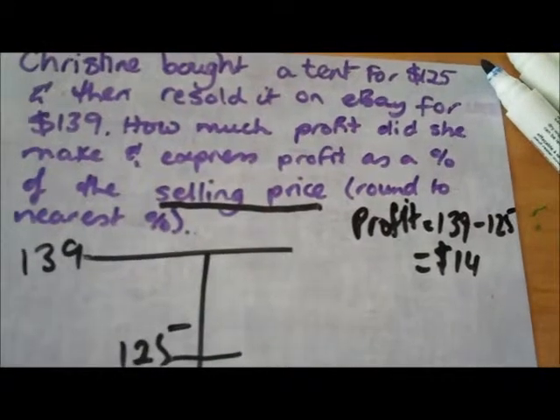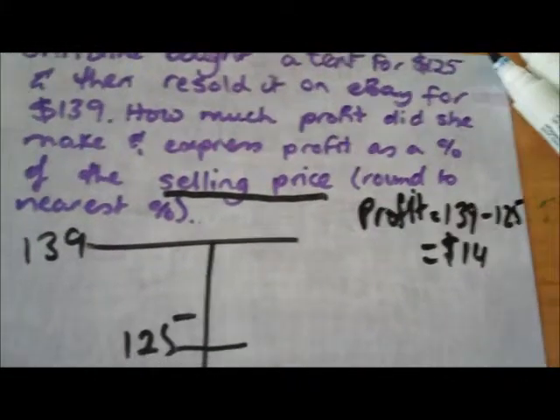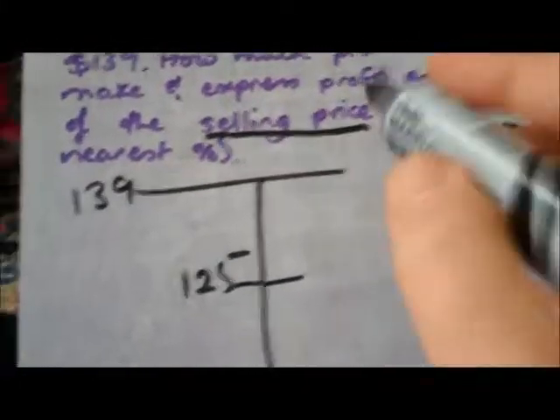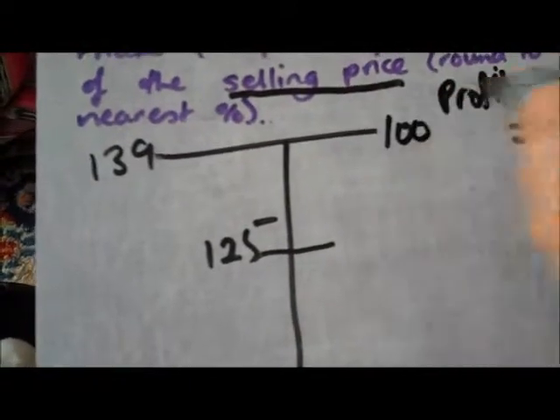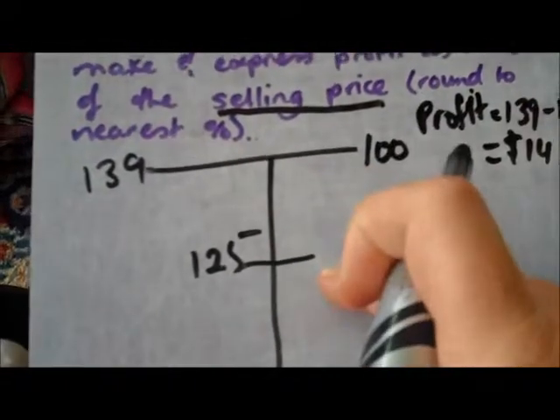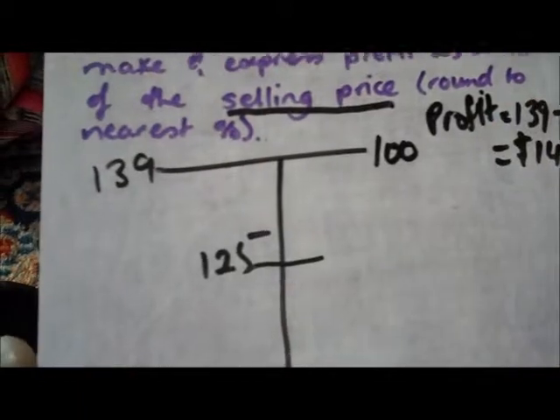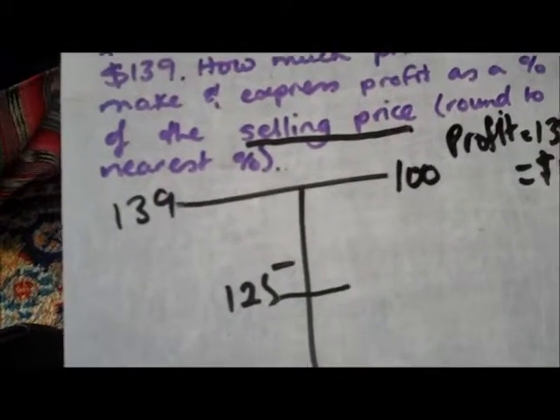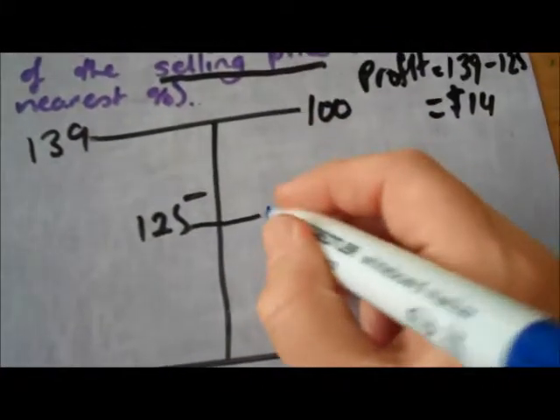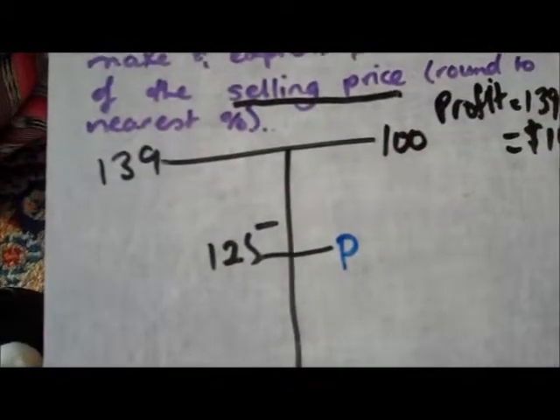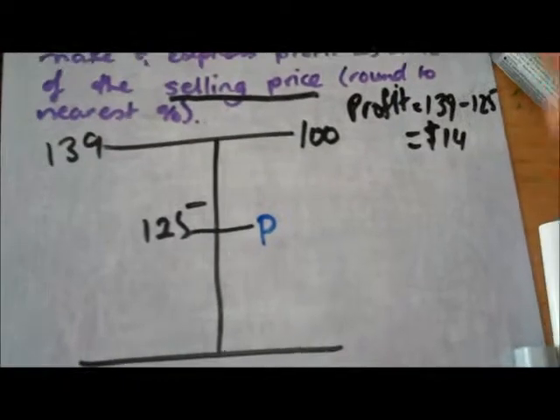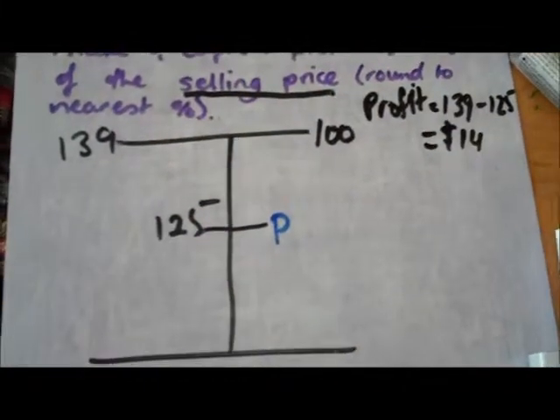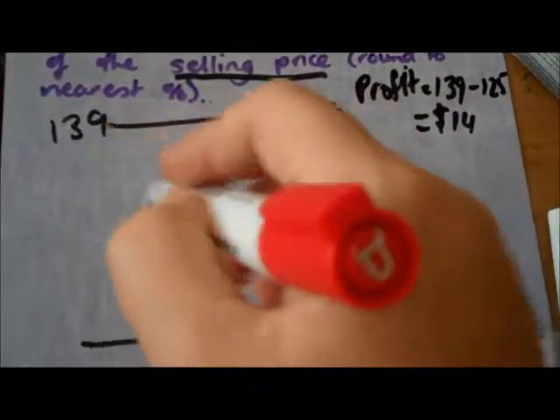Because I'm expressing it as a percentage of the selling price, that's the 100%. If it was of the cost price, the 100% would go here. So now that I've worked that out, what is it asking me to do? Well, here's my percent, and let's work it out. Which side can I do the 1 on, left or on the right? Has to be the left, because that's where I've got the 2 values.